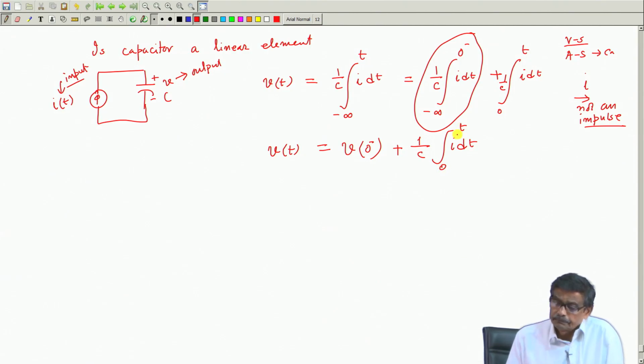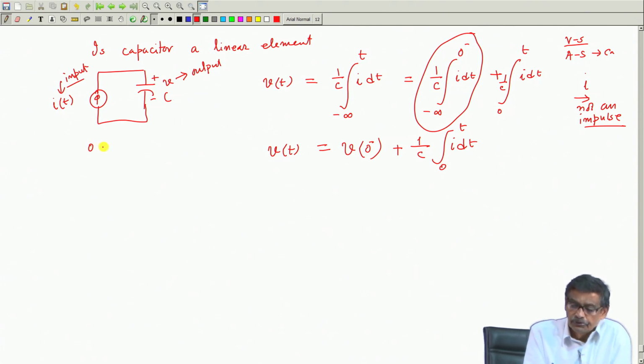Now, what do we demand for this element to be linear? What is the input here, I(t)? When current is 0, no current is applied, I will demand there should be no output: 0 input, 0 output.